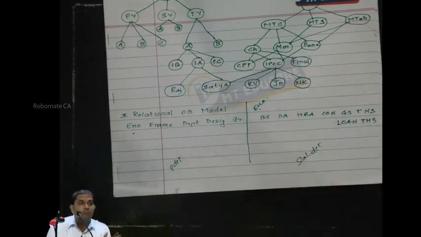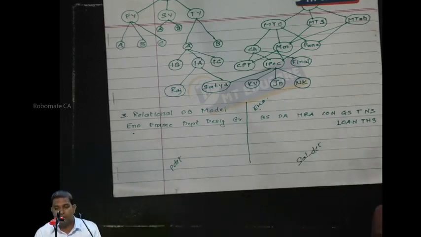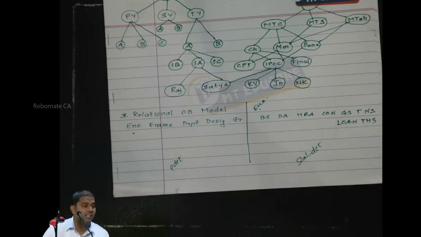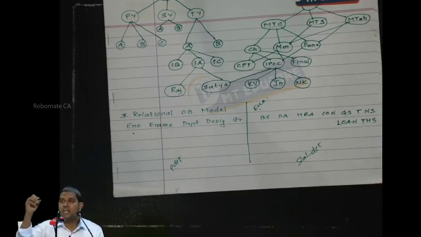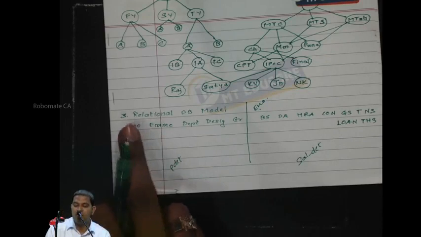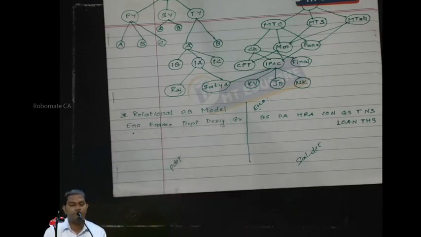So this splitting of a table into small tables, so that we can reduce data repetition, data redundancy, this process is called normalization. And this type of method of maintaining a database is called the relational database model. Are you understanding? Are you getting it? Okay, so that was nothing but the relational database model.